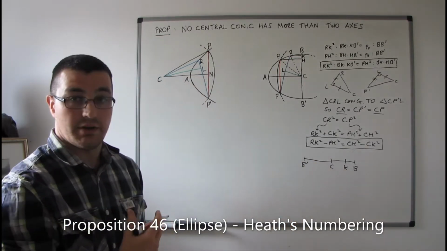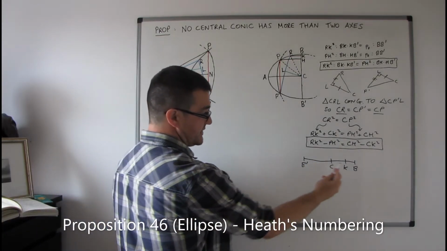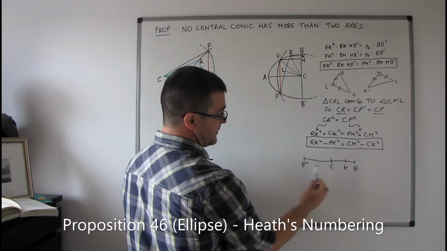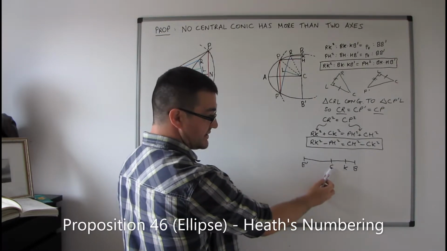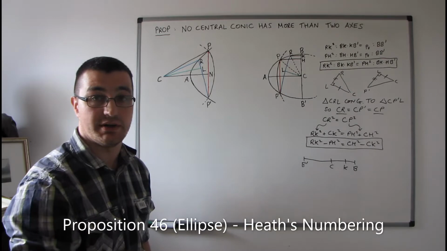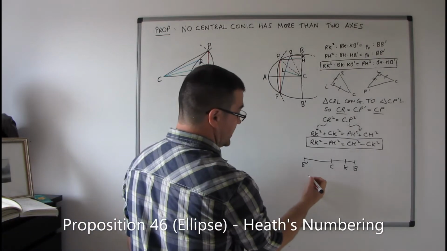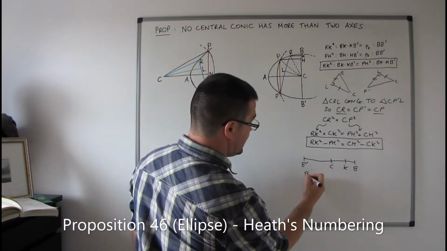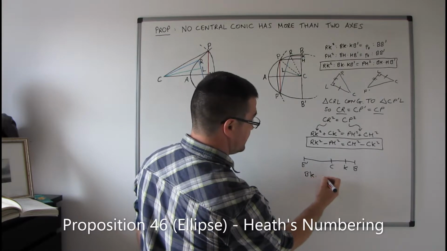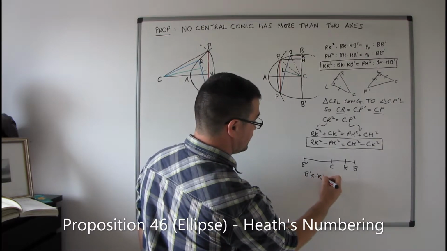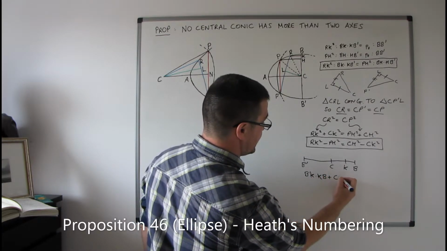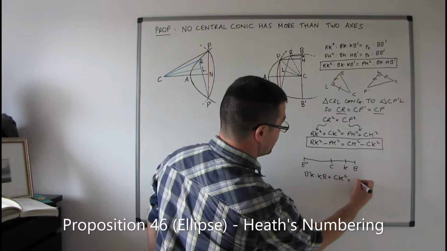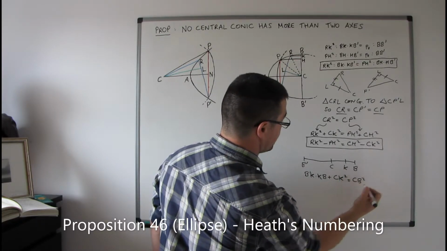What we can say, because of this particular setup, because B primed is bisected at C and K is just another point on that line, is that B primed K times KB plus CK squared is equal to CB squared.